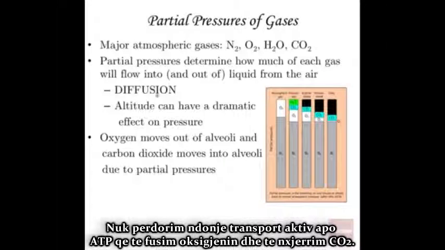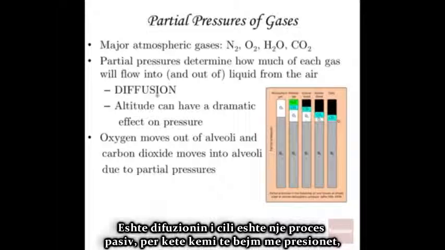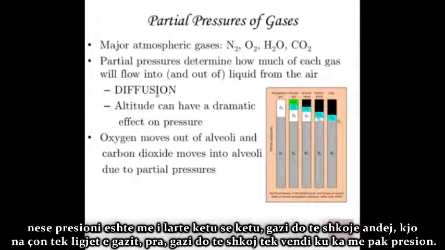You're not using active transport or ATP to drive oxygen in and to drive CO2 out. It's diffusion, which is that passive natural process. So that's why it comes down to pressures. If the pressure is higher here than here, the gas is going to go that way. And that just comes down to gas laws. It's going to drive gas to where there's less pressure.